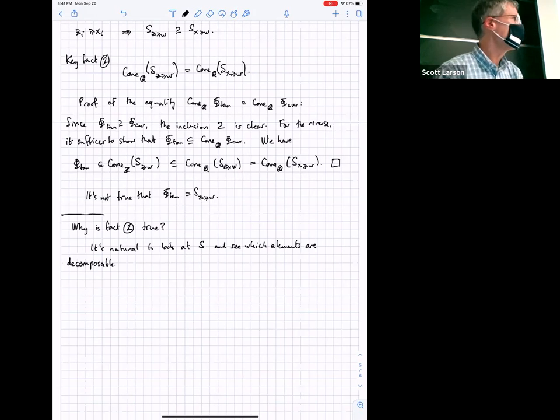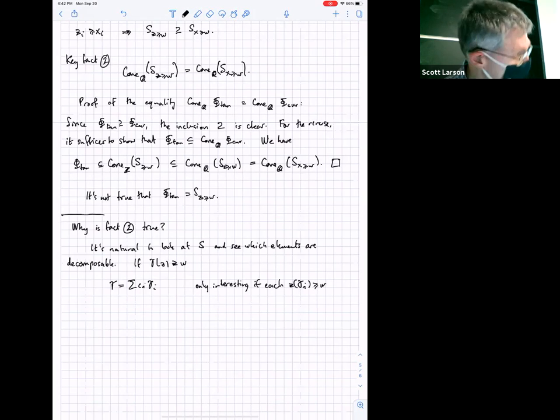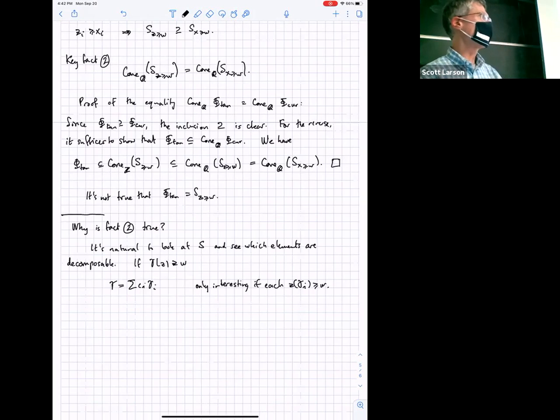But we're interested in the set where Z is bigger than or equal to W. So we want our decompositions to respect that. If gamma of Z is bigger than or equal to W, and Z is equal to the product of the Z_i, and gamma is the sum of c_i gamma_i, this is only interesting to us if each Z of gamma_i is also bigger than or equal to W. Because otherwise we're not telling anything about the cone.